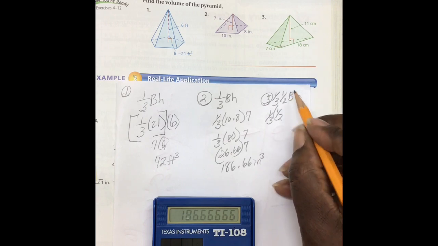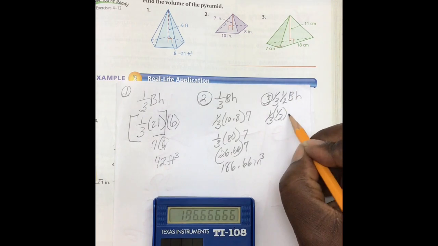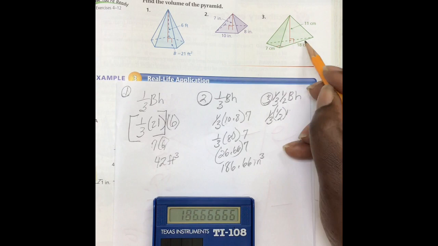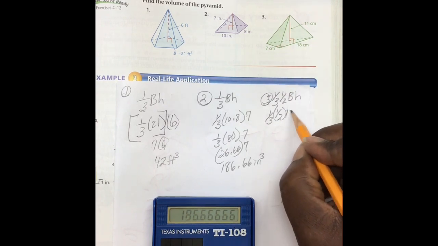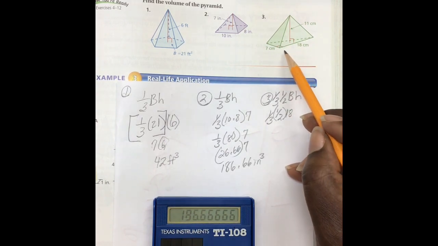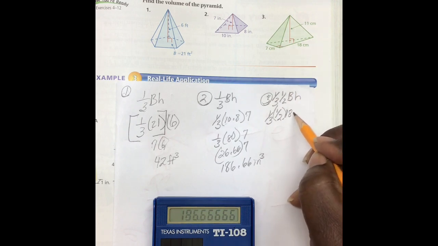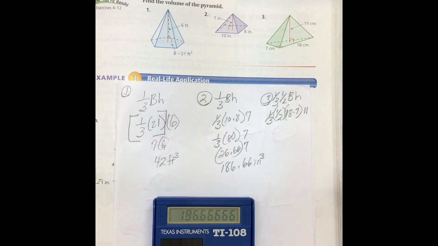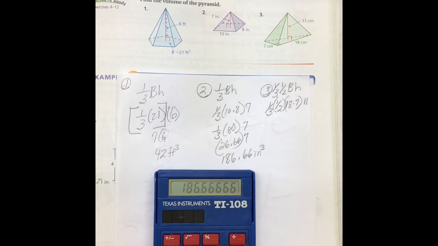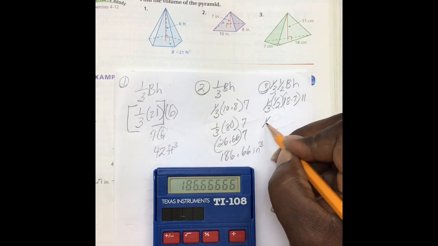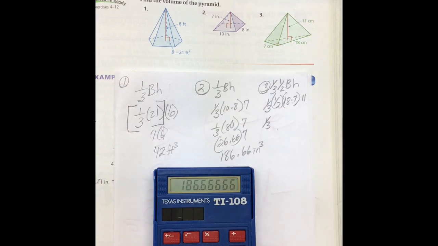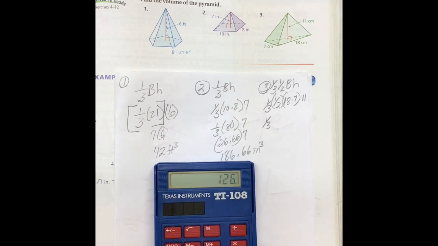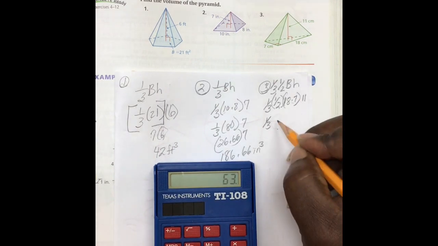In this case, the base is 18 here, and then the height would be 7 down here, then times 11. So we have 1/3, let's take half of 18 times 7. So 18 times 7, and half of that, divided by 2, is going to give us 63.